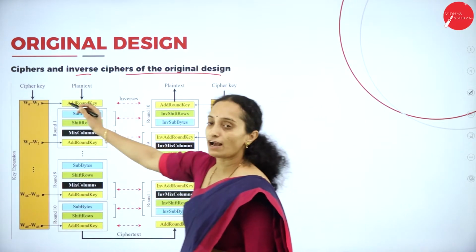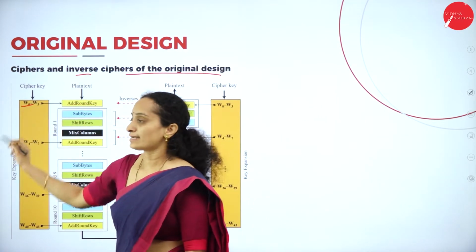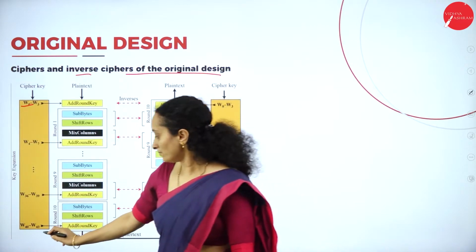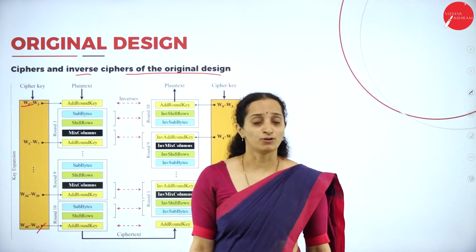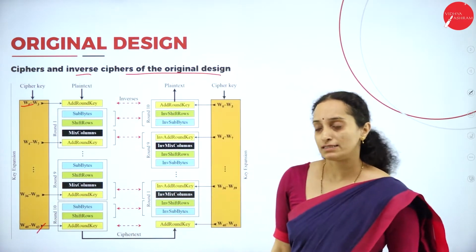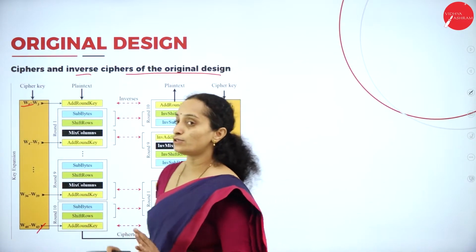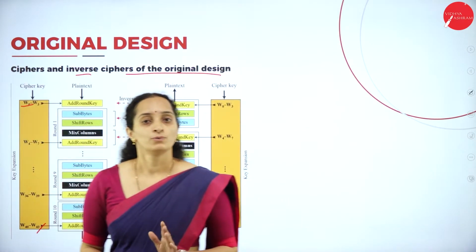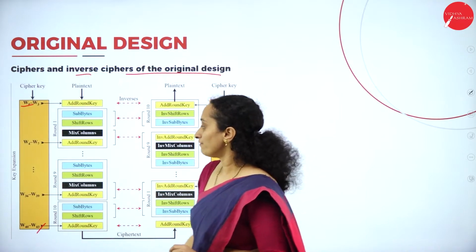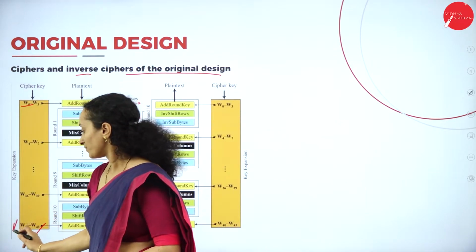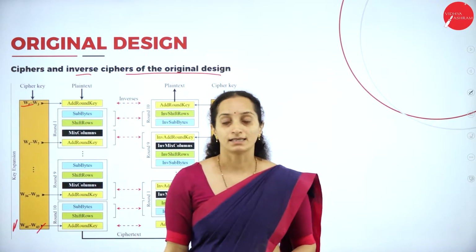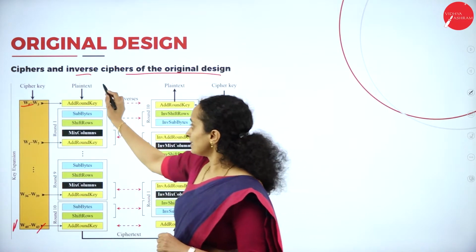Okay, here we have the cipher key starting from W0 to W43, word 0 to word 43, a total of 44 words, with 11 round keys generated. It follows these methods.